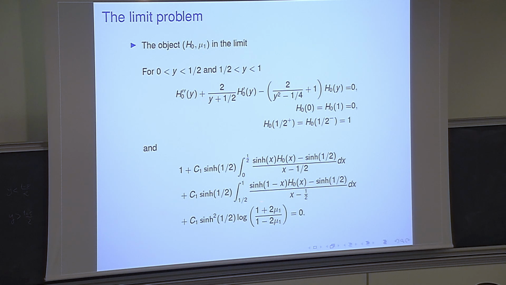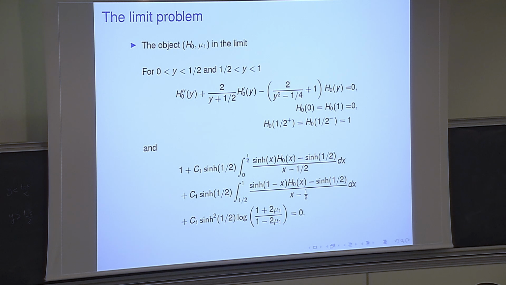But this is just a definition of mu1. And you can prove that given h0, there always exists mu1, which is in between minus 1/2 and 1/2, that satisfies this equation. Then you have an object in the limit that somehow solves your equations in the limit epsilon equal to 0.